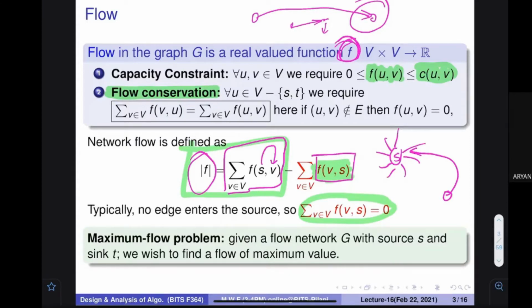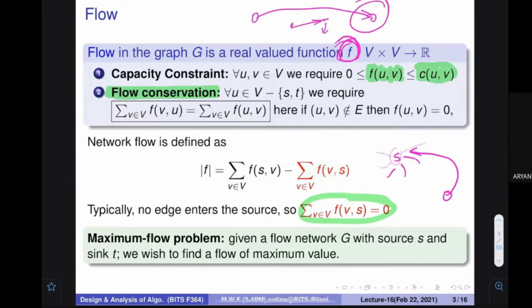And from the sink point of view also, you can write a similar kind of equation, where you say how much is being attained into T. How can you modify this expression, can you tell me? Let me write it like this.